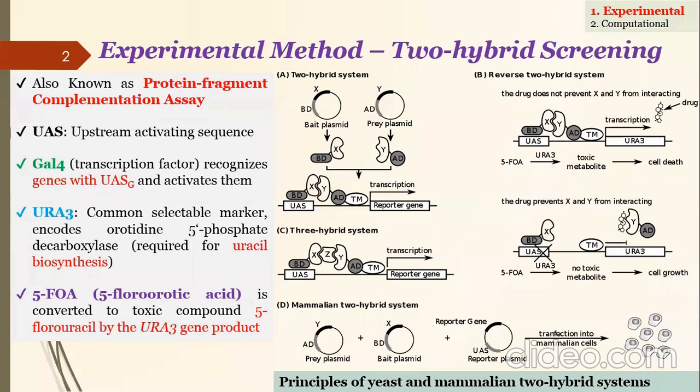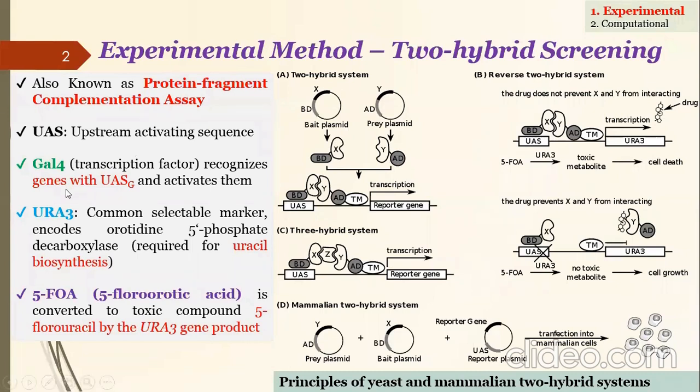First of all, the two hybrid assay is also known as protein fragment complementation assay. Protein fragment complementation assay means the protein fragments will complement each other, adding to the function of each other, to execute the function.